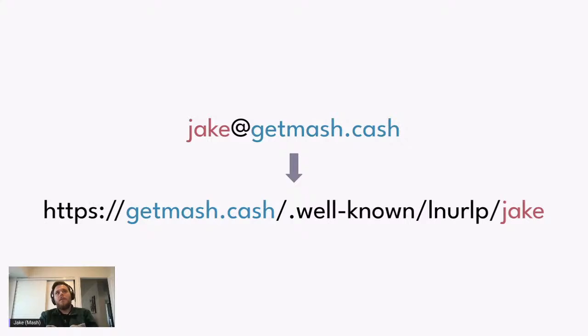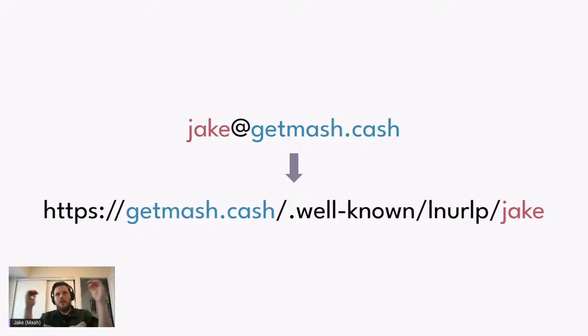But if you have jake@getmash.cash, what's going on is the first URL that you make a GET request to in the LNURL Pay flow is this URL here, where you take the domain, which is where you're going to be making the request over HTTPS, or if it's Onion, over Onion, with this .well-known/lnurlp prefix and then the associated username.